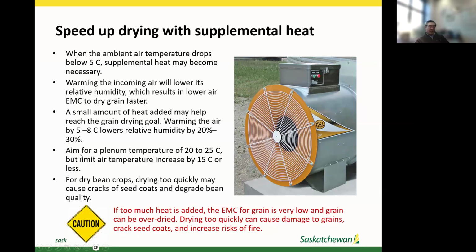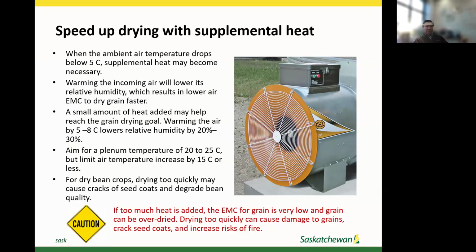Aim for a planned temperature of 25, but limit the air temperature increase to 15 degrees or less, not adding too much heat into your incoming air.